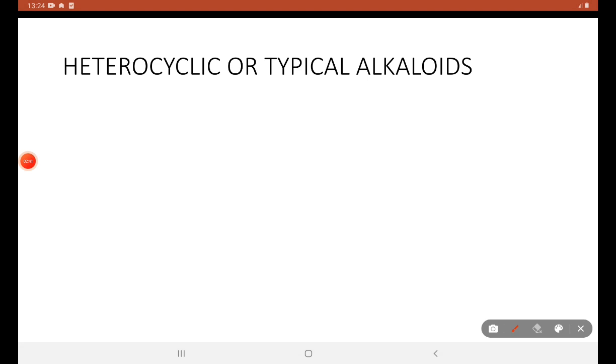Next, heterocyclic or typical alkaloids. Here we have so many examples; I will discuss a few. Indole is an example.